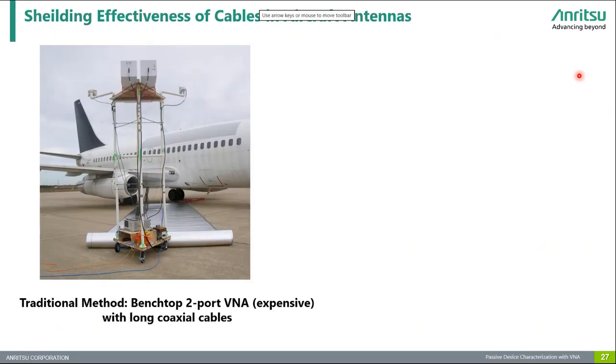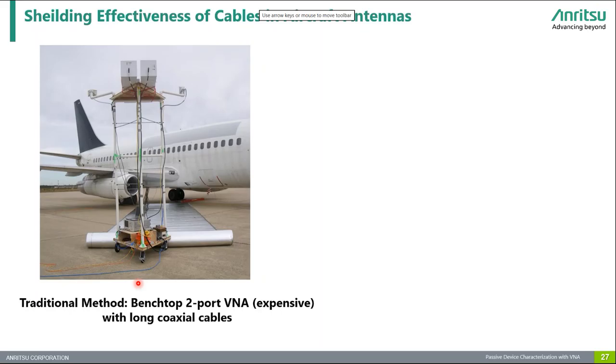Now, we will discuss shielding effectiveness of cables in antennas. This slide compares two approaches for measuring the shielding effectiveness of cables installed within aircraft structures, a critical aspect of ensuring electromagnetic compatibility and system reliability. On the left, we see the traditional method, which involves using a benchtop two-port VNA with long coaxial cables.